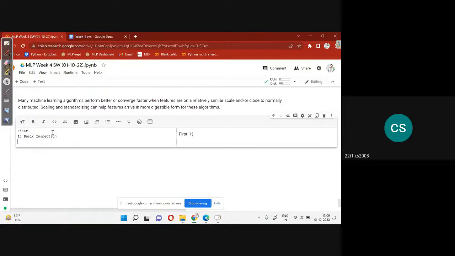You have your data set, just do basic inspection, and after that remove null and duplicate values.